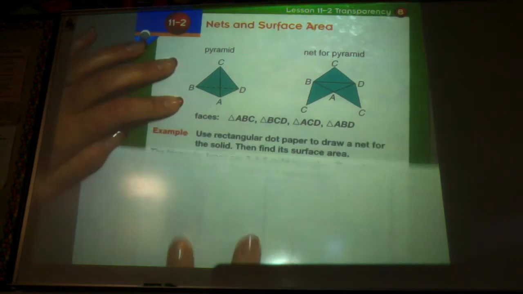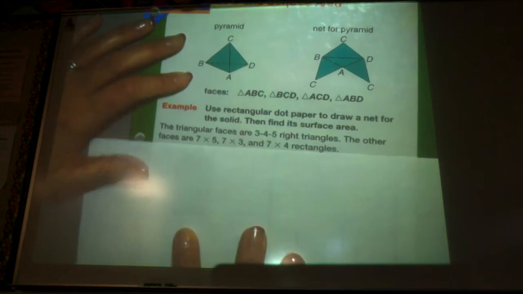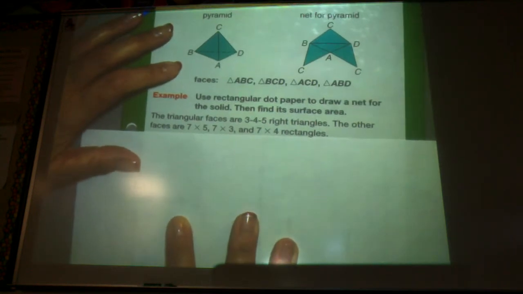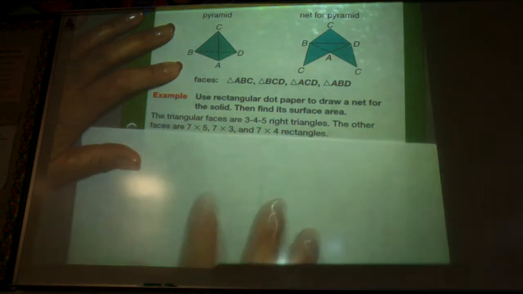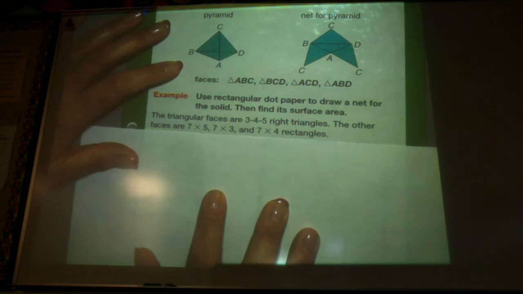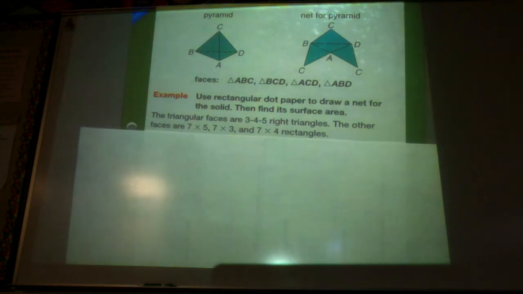All right, so then I want you to go ahead and copy this down. And your dot paper is going to be your graph paper. So whenever they use square dot paper, you can use regular graph paper in place of it.